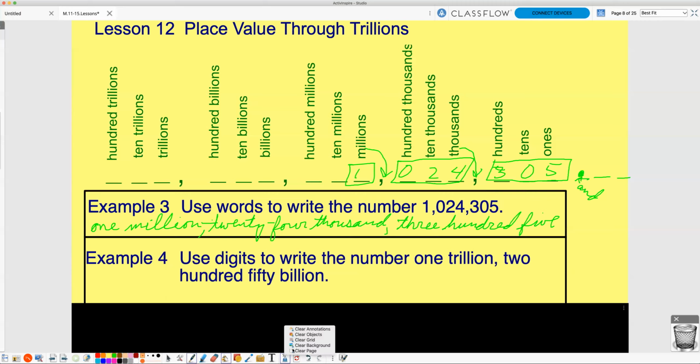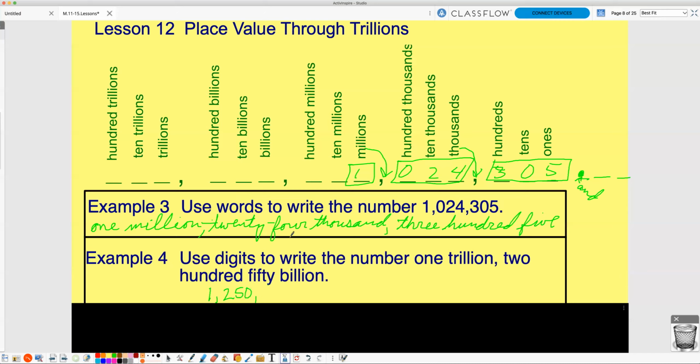1,250,000,000,000. All right, let me just clear this. Well, I'll just write it down here on the bottom. 1 trillion would start way over here, and then I've got a comma after it, and there's going to be only 250 billion. So you see the 200s billion and the 50 billions would be in the tens place, so it'd be 250.